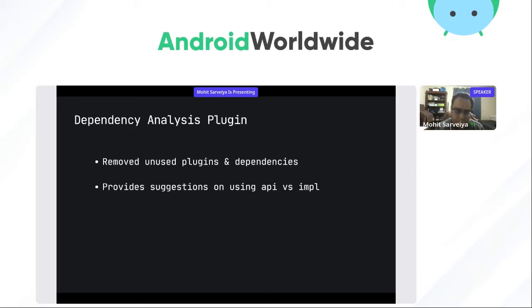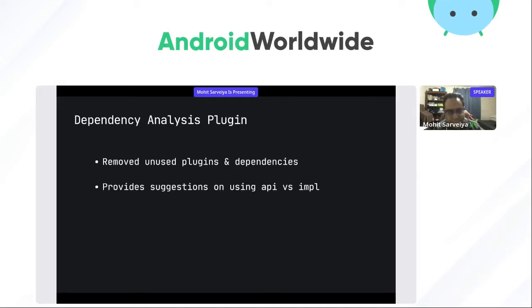So there's a plugin by Tony from Square. He has a really great plugin, and he does a lot of great things in this area, improving build time, improving your Gradle builds. And one of the plugins that he has is called the Dependency Analysis plugin that I really recommend you to use.